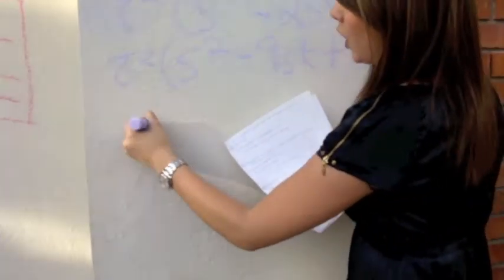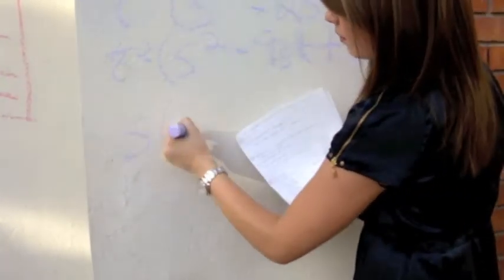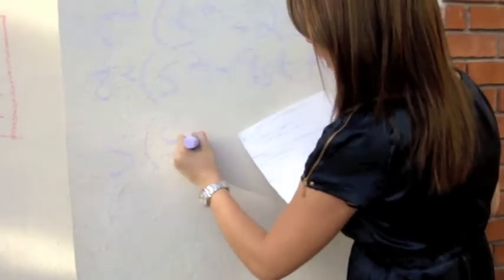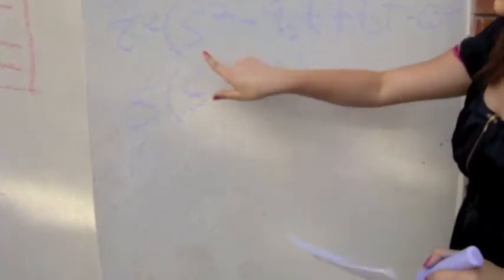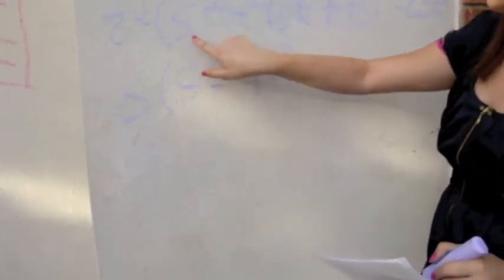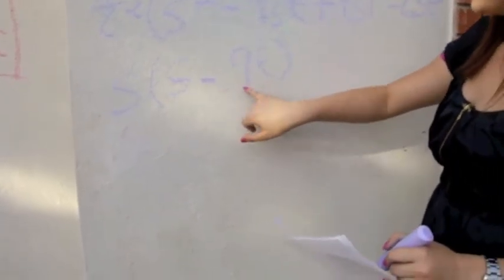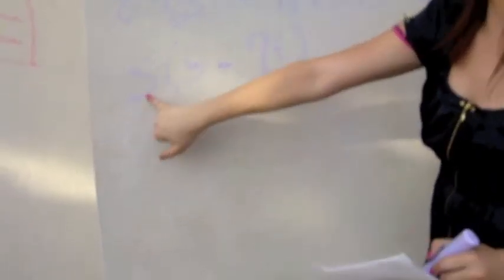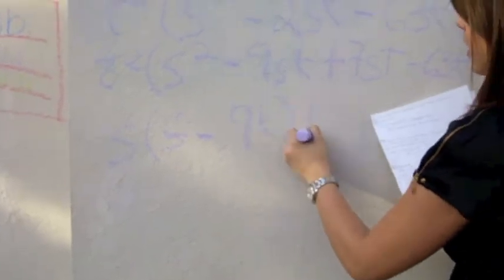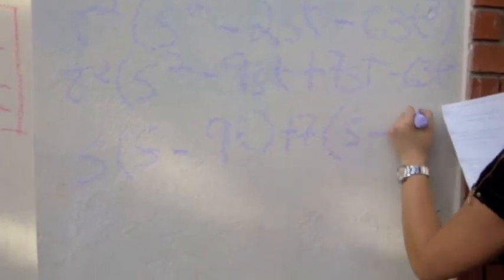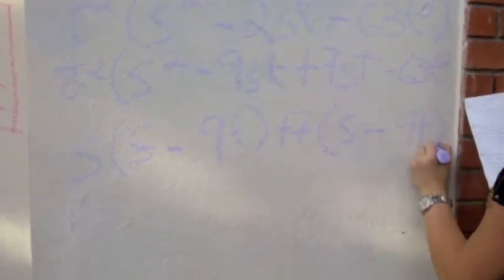So, you have s minus 9t, because if you multiply s by s, you obtain s squared minus 9st. If you multiply this to this, then the common factor is plus 7. So you have s minus 9t.